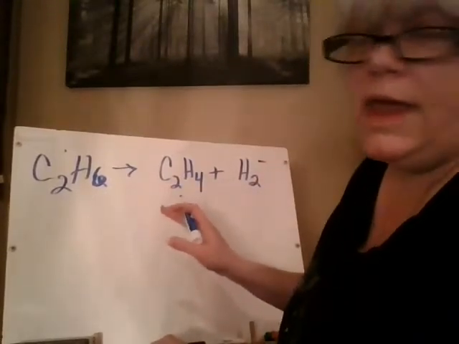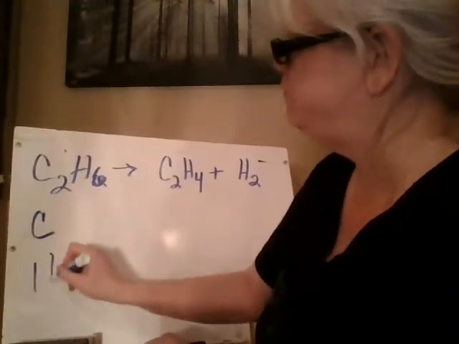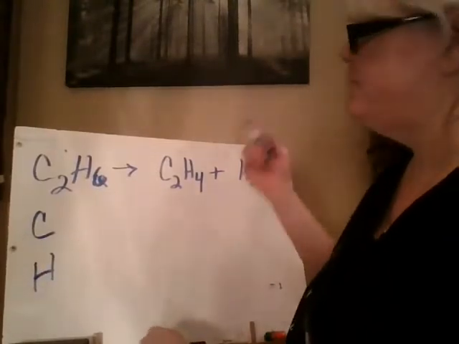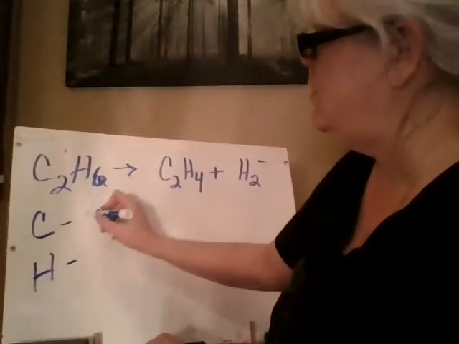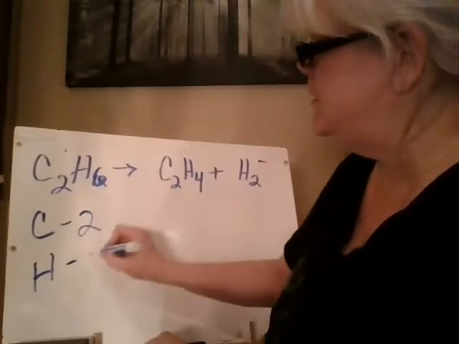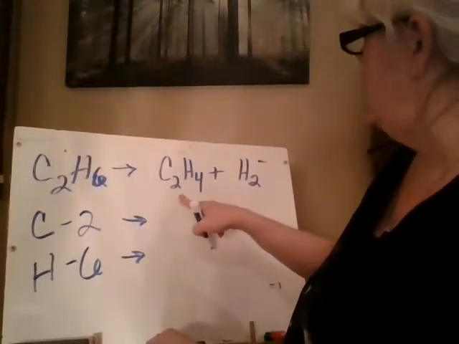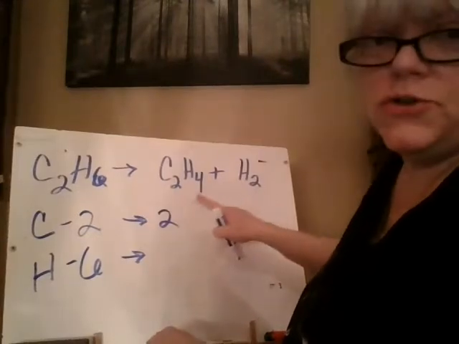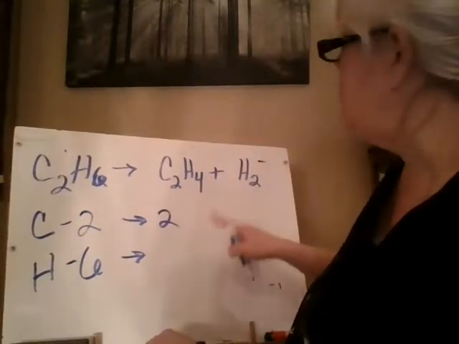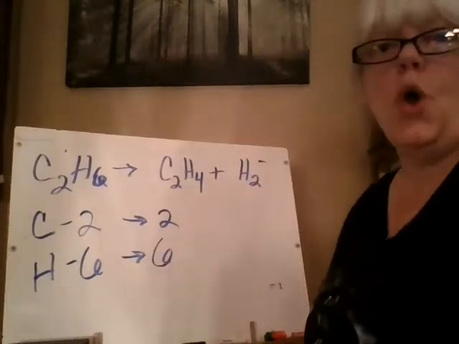Okay, so I'm going to do my count. I have carbon and I have hydrogen. Carbon and hydrogen. That's it, just 2 different elements. Okay, so my initial count here, I have 2 and 6. And then I have 2. And hydrogen actually appears in 2 places, so I got to add them together. I have 4 plus 2 more, and there's a total of 6.